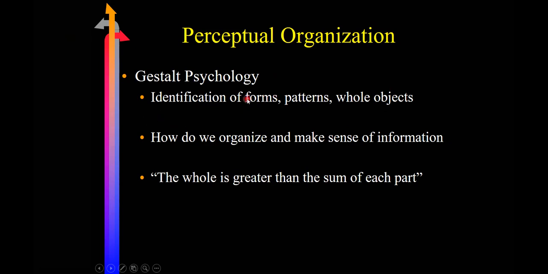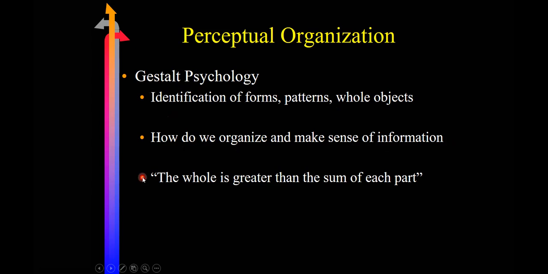By the way, they call these psychologists the Gestalt psychologists. Gestalt means a form or pattern. So as they studied how we organize and make sense of information, one of the conclusions they made was that the whole is greater than the sum of each part.